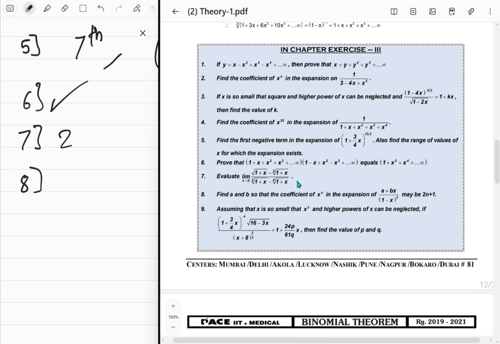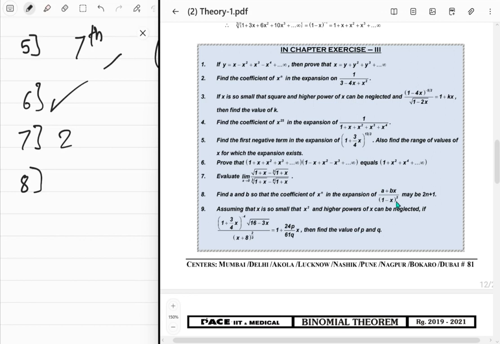Find a and b so that the coefficient of x power n in the expansion of a plus bx upon 1 minus x squared, okay, maybe 2n plus 1. What? Okay. Fine. No big deal. It's not n in this expansion, maybe 2n plus 1.